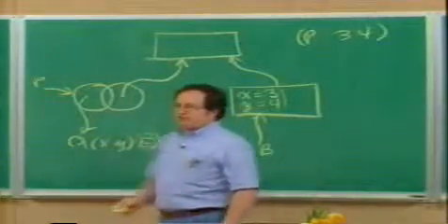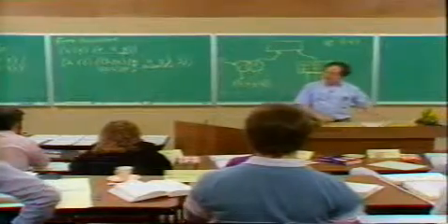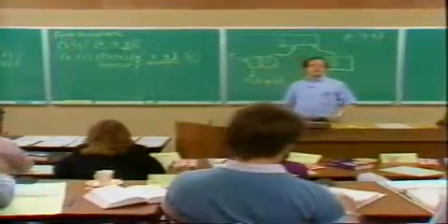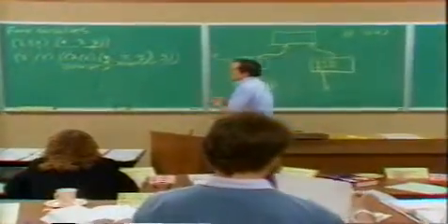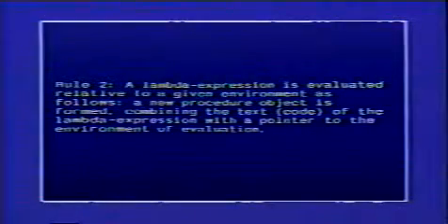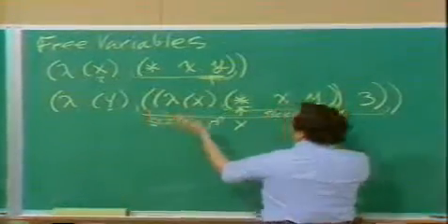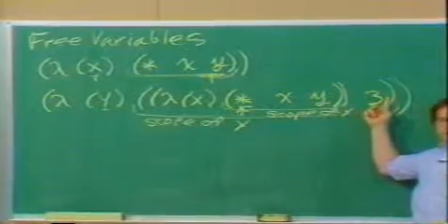That we do by the construction of procedures, which is the other rule. Rule 2. When a lambda expression is evaluated relative to a particular environment, see, the way I get a procedure is by evaluating a lambda expression. Here's a lambda expression. By evaluating it, I get a procedure which I can apply to 3.